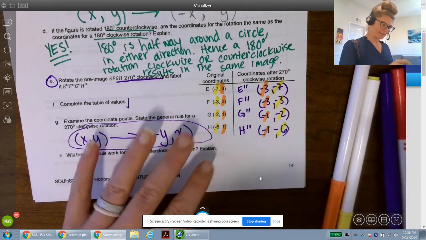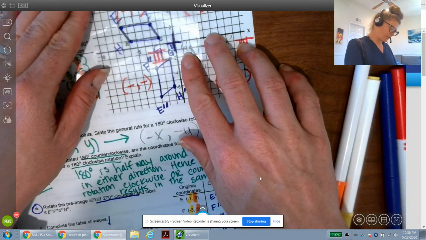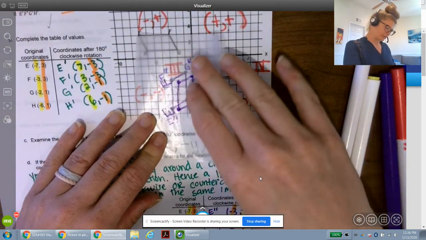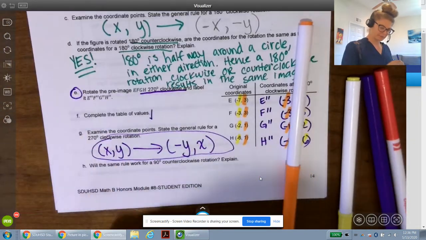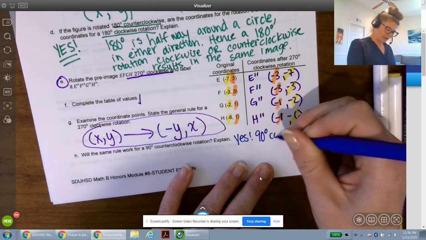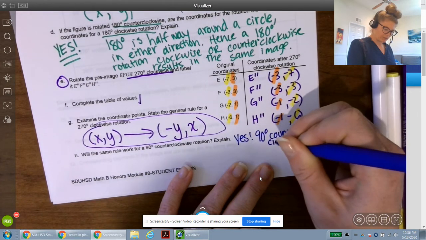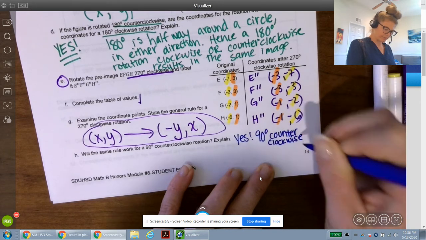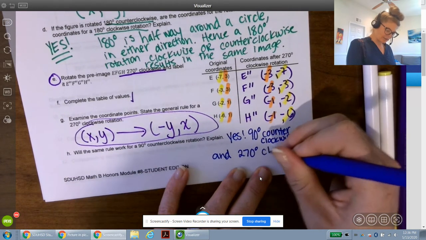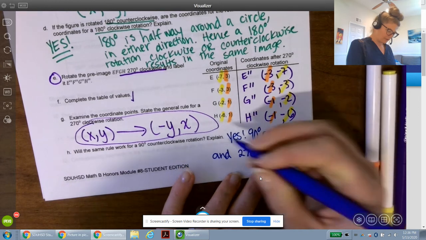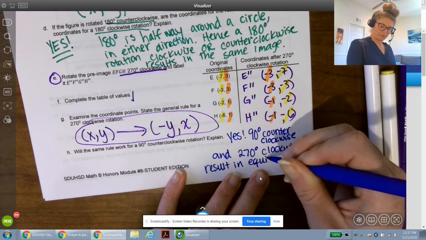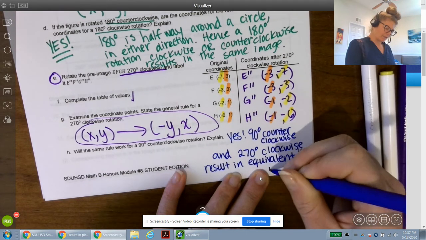And will this rule work for a 90 degree counterclockwise rotation? Well, let's investigate. If I wanted to go 90 degrees counterclockwise, it's amazing. Okay, so yes. 90 degrees counterclockwise and 270 degrees clockwise result in equivalent images.